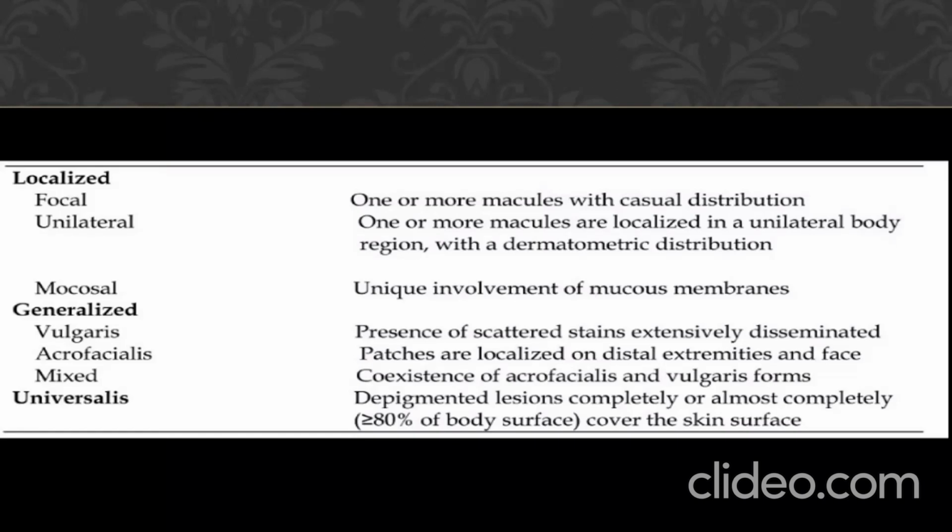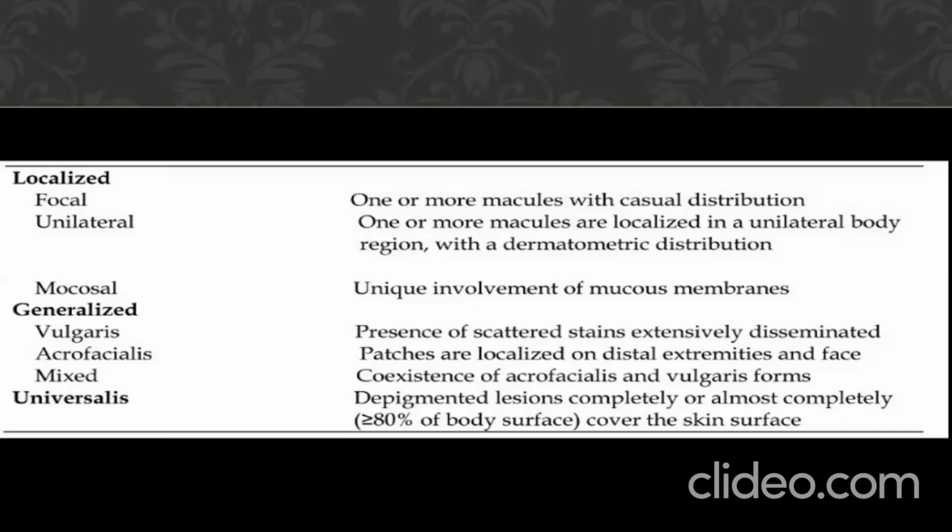Then in generalized type, vitiligo vulgaris, that is presence of scattered stains extensively disseminated. Acrofacialis, patches are localized on distal extremities and face.